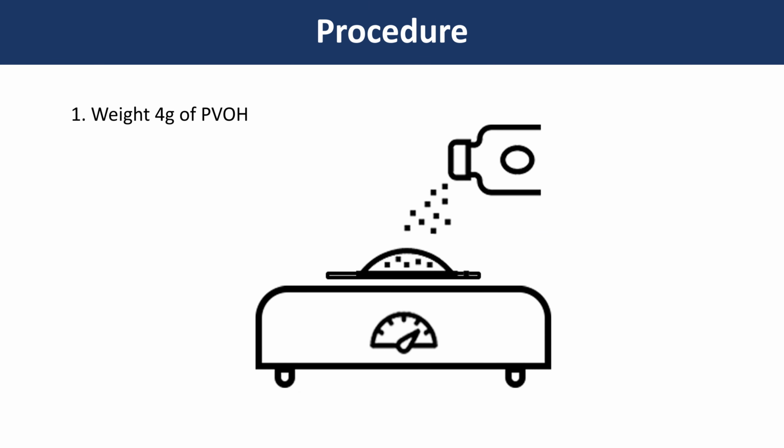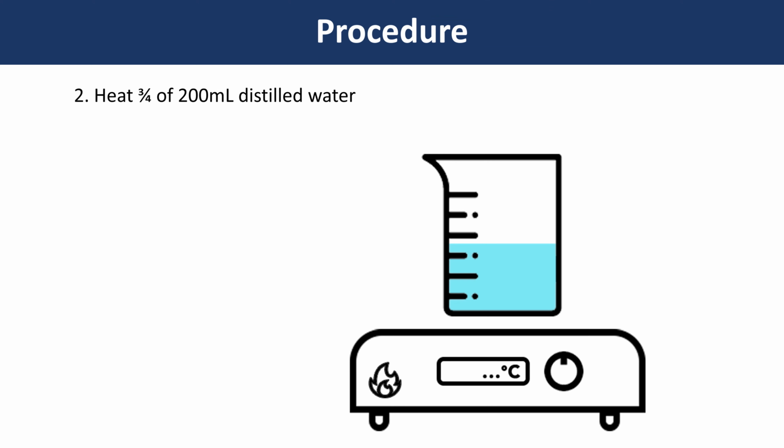And arrived to the procedure. So this experiment has a simple procedure, where the first step is weigh 4 grams of PVA. And on the other side, heat at least 200 milliliters of aqueous by heating it on the heater.